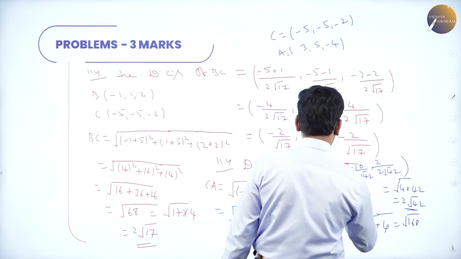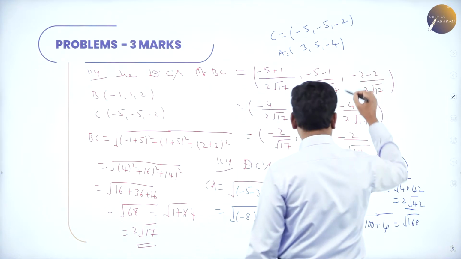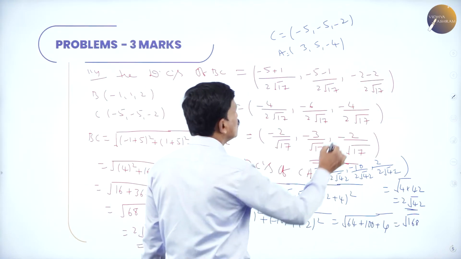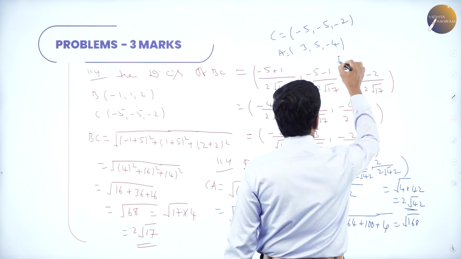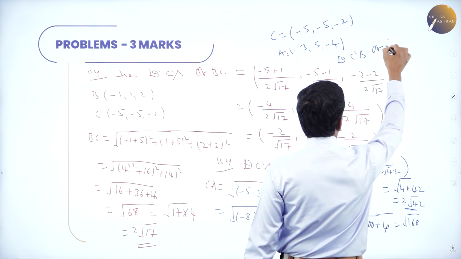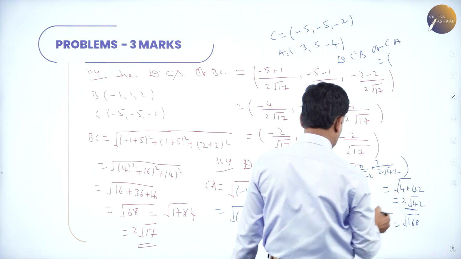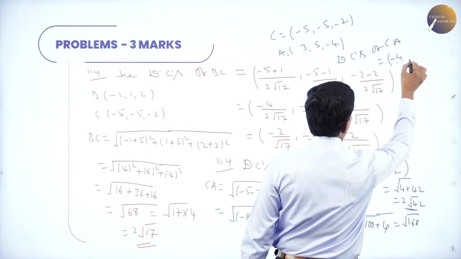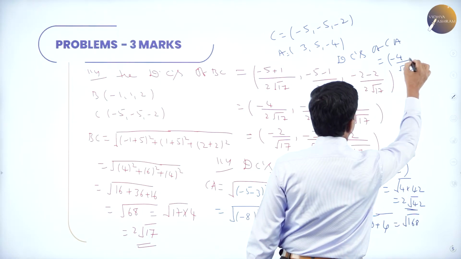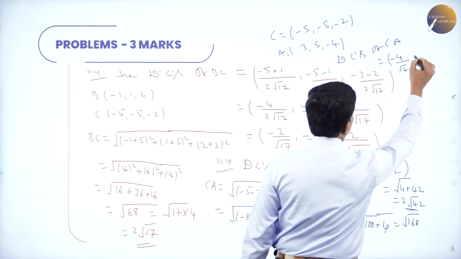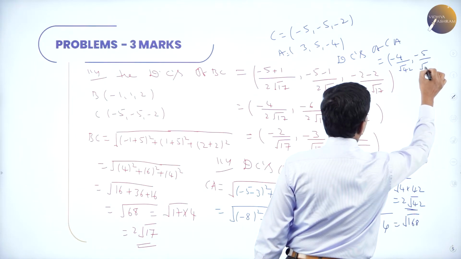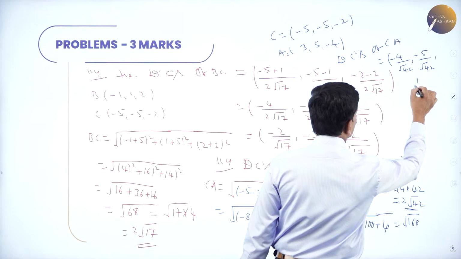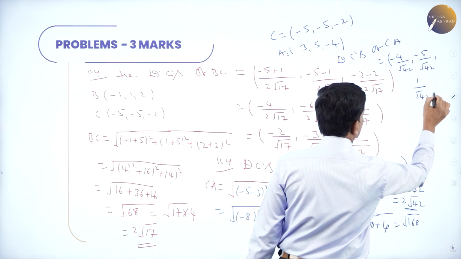The direction cosines of CA can also be written, if you want you can divide by 2: minus 4 by root 42, comma, 2 5s are 10, minus 5 by root 42, comma, 2 2s get cancelled, 1 by root 42.